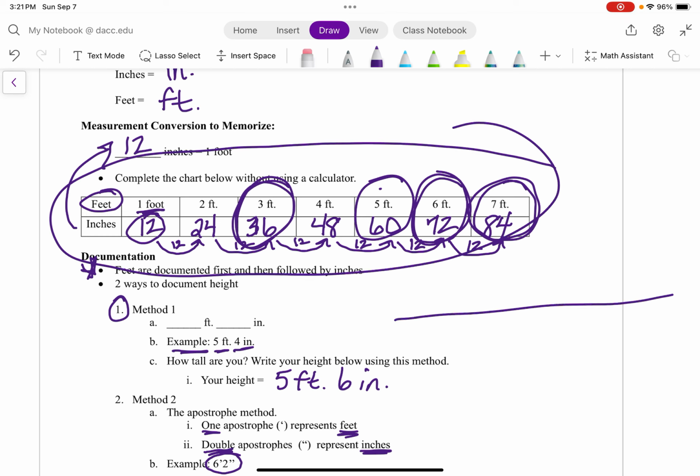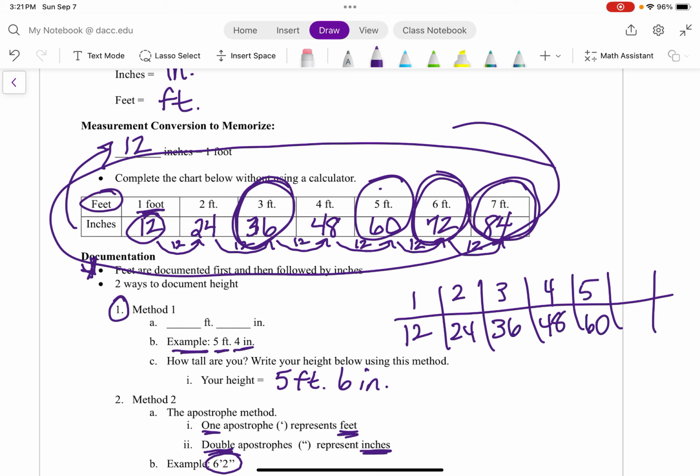You can very easily just do it like this. You can say 1 foot is 12 inches, 2 feet 24, 3 feet 36, and then you can do so on and so forth on your test. That way it helps you be able to do some conversions easily.